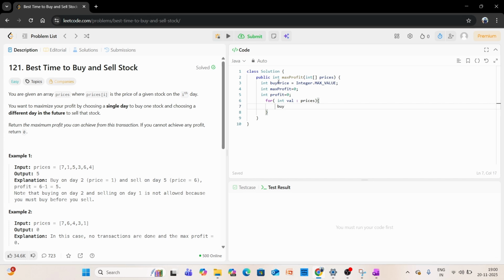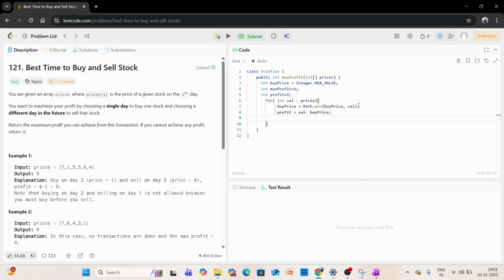Our buy price will become Math.min of either buy price or the current value in the array. And once this is calculated, we can calculate the profit, which will be the current value, which is the sell price, minus buy price.